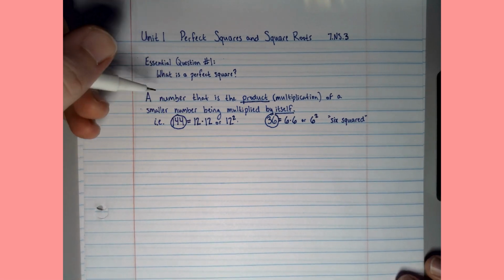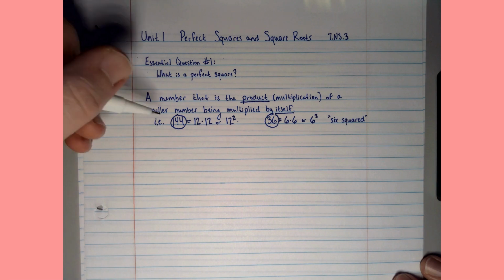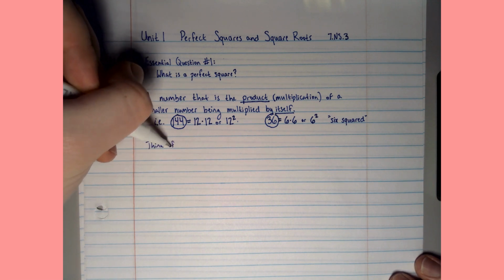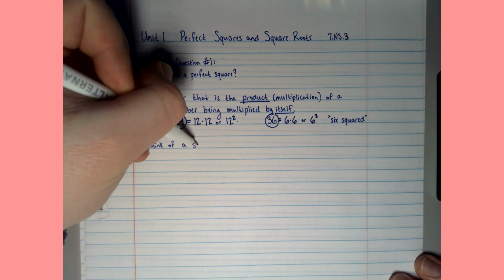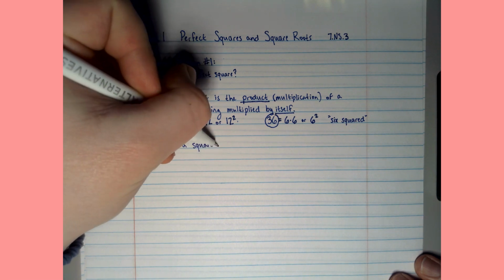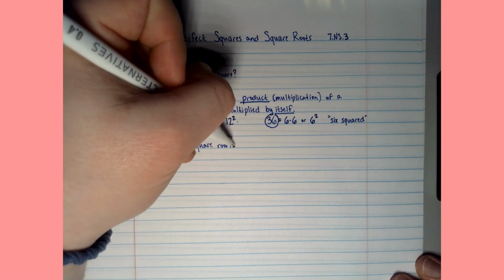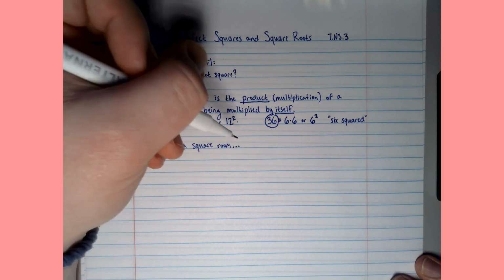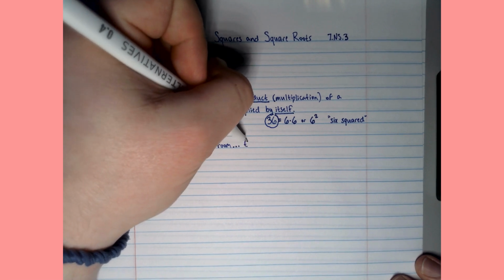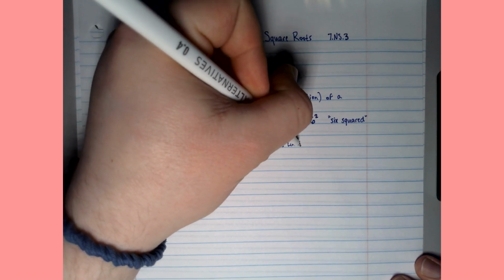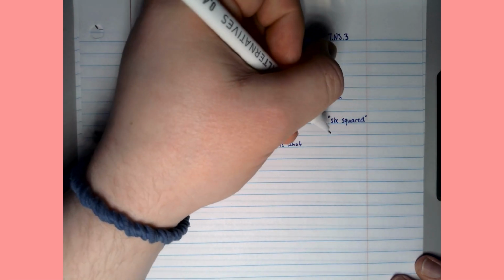So to give a quick little analogy of this, think of a square room. Okay? A square room. So if you think about what is a room, the room itself is what you call the part you go in. Okay? The part you're standing in.